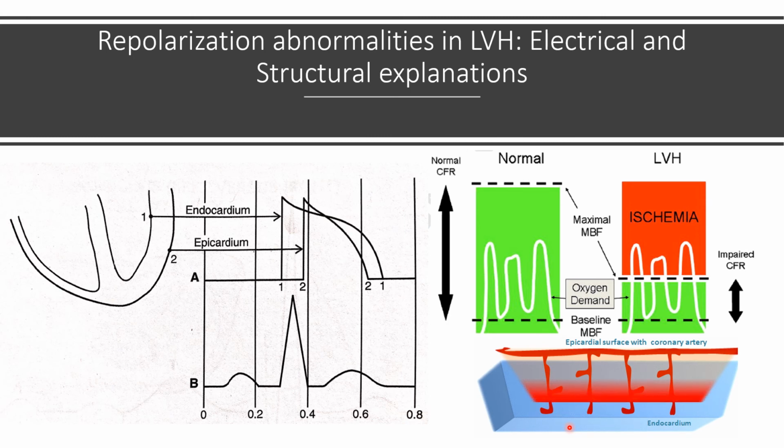And so when you have a much more hypertrophied left ventricle, there might be some relative ischemia to the myocardium. All these manifest as ST-T wave changes on the ECG, which is called the strain pattern.